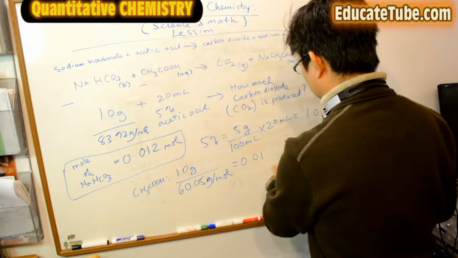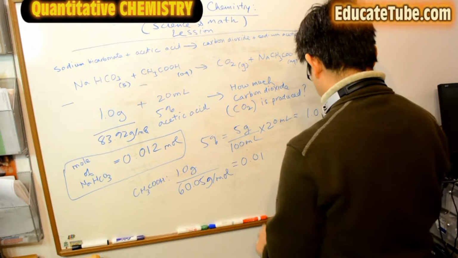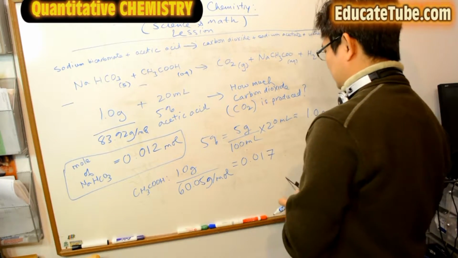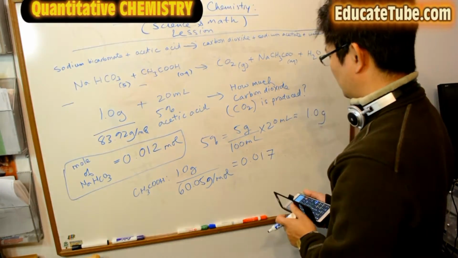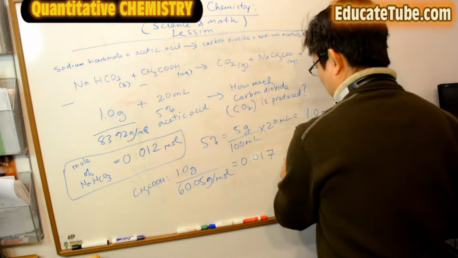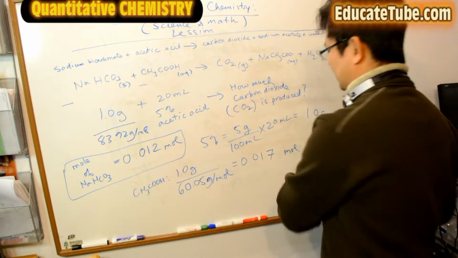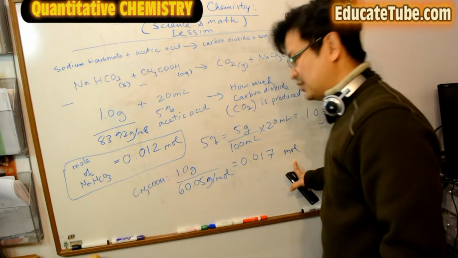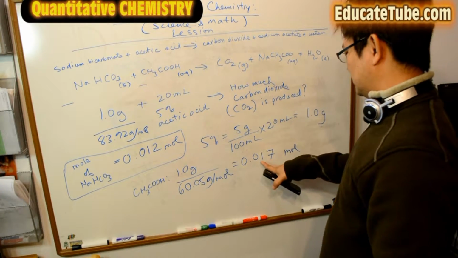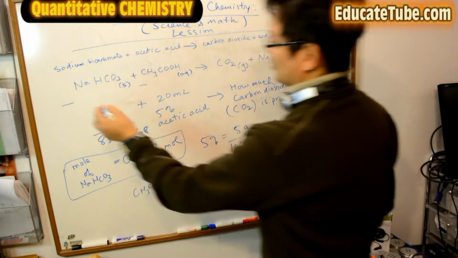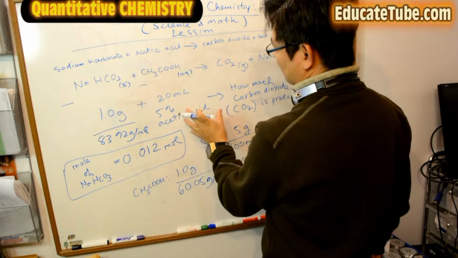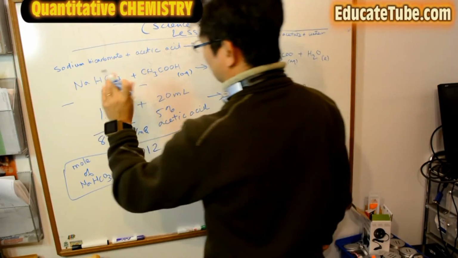I'm going to round to 2 significant figures, so we'll make it 0.017, and that's in moles. So now we have 2 numbers here. You see this is 0.017 moles. So from 1 gram plus 20 mL of 5% acetic acid, we convert that into moles.